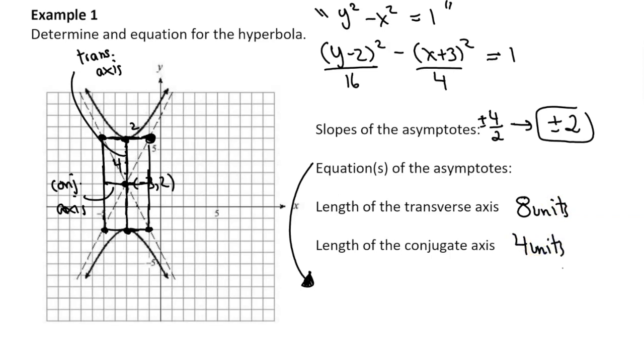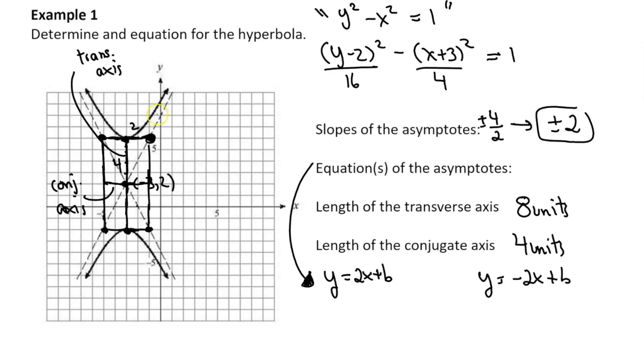So the equations of the asymptotes, let's do them one at a time. For a positive slope, you could say y equals 2x plus b. And then over here, you could have y equals negative 2x plus b. What you want to do is sub in a point that you know is on the asymptote.